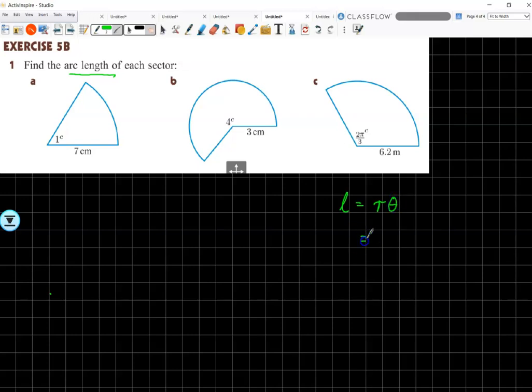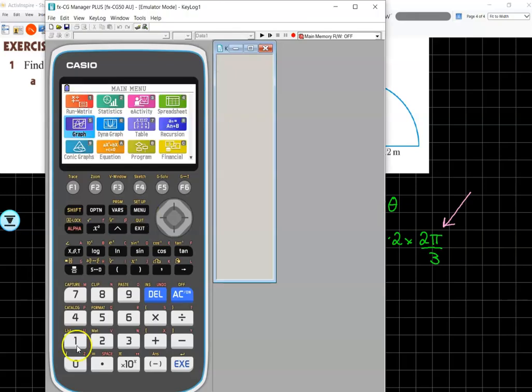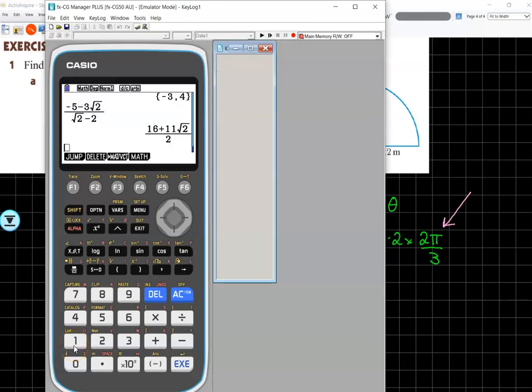We go, that's my radius, 6.2, times your theta, which is 2 pi on 3. And the only thing that you have to make sure of when you are putting this in your calculator, because we see the pi, is that we are now not in degrees.